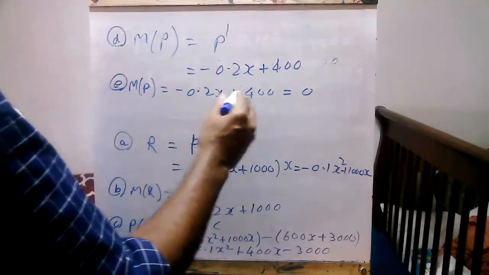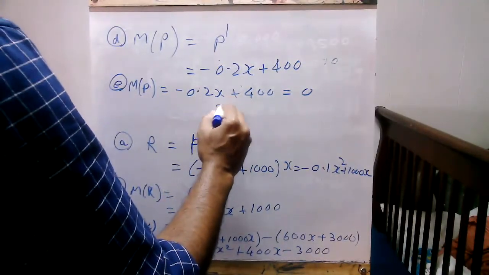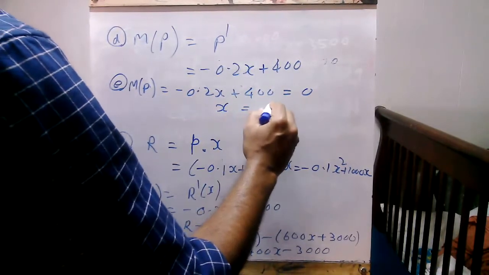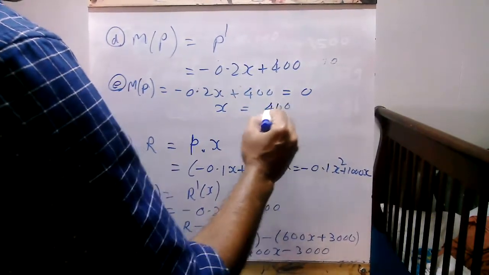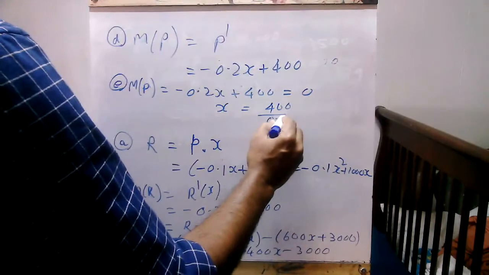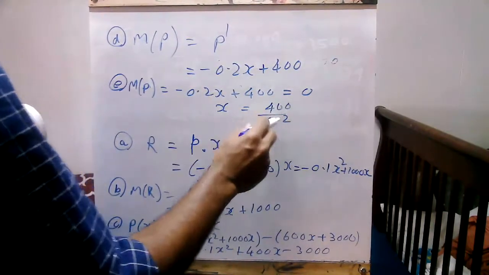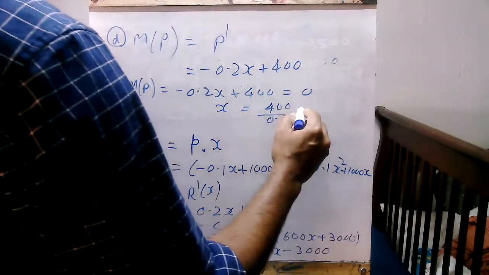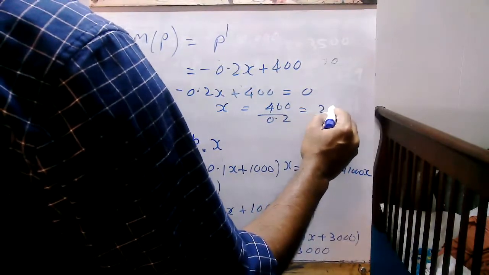When this is 0, x equal to 400 divided by 0.2, like 4000 divided by 2 is equal to 2000.